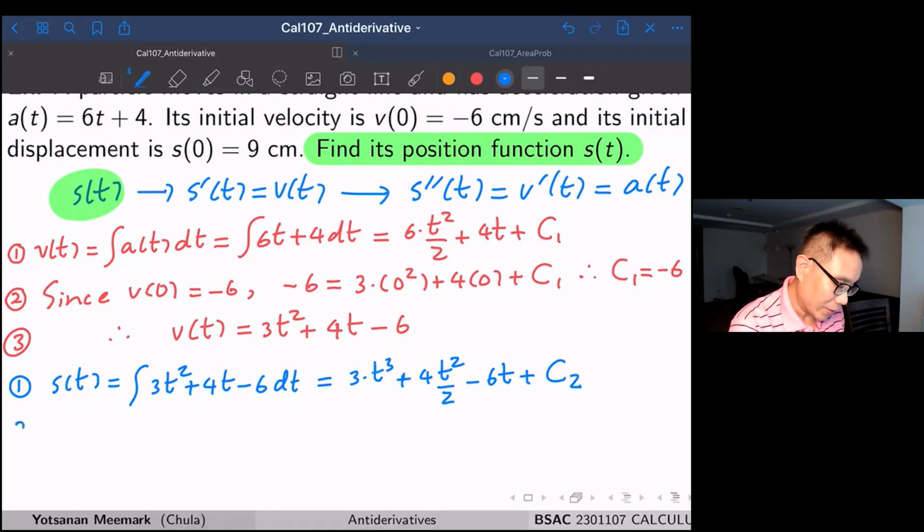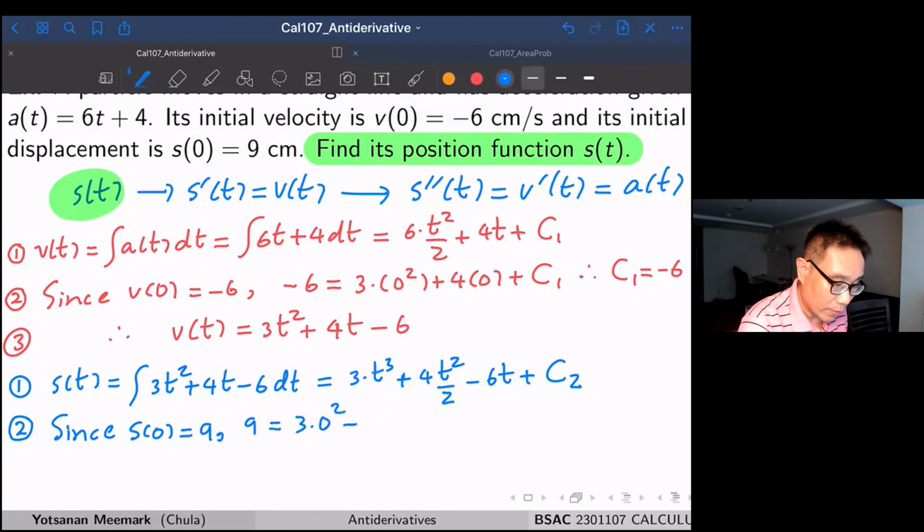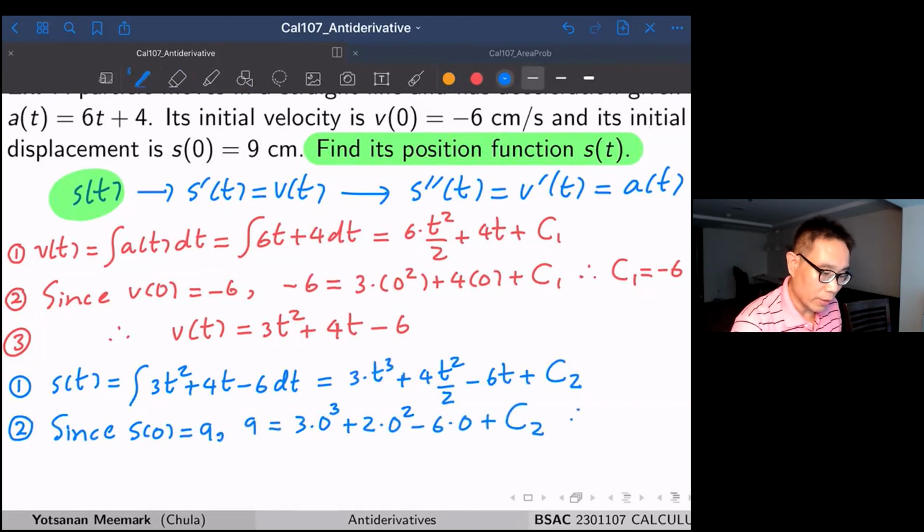And then we're going to use s0 equal to 9. So you would get 9 equal to 0 cubed plus 2 times 0 squared minus 6 times 0 plus C2. So you would have C2 must be 9.